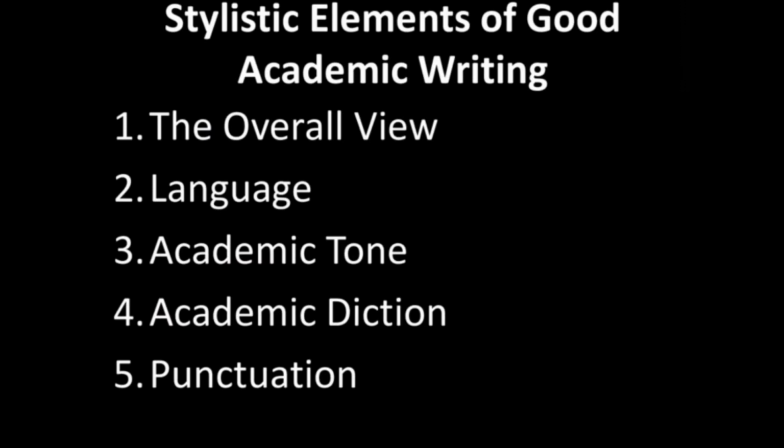Then, if you are going to use personal pronouns, you should avoid using I in your paper unless it is a reaction or reflection paper. In any other academic paper, you should use the third person point of view.